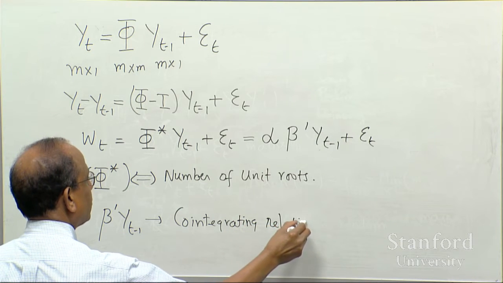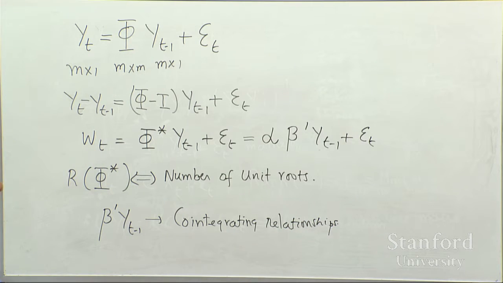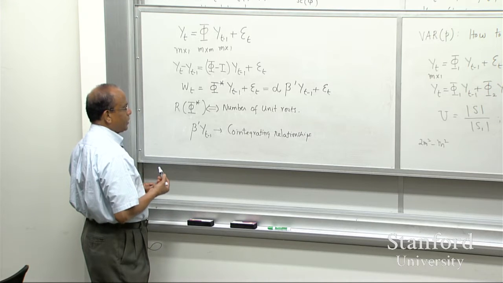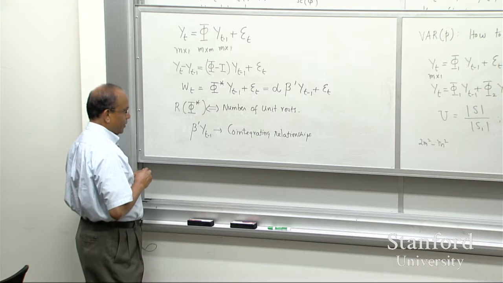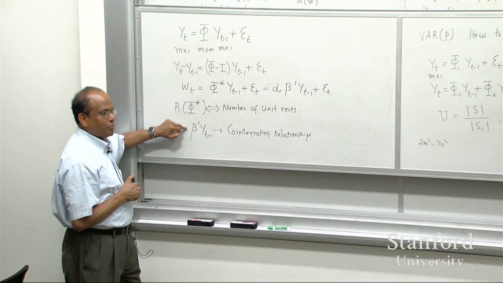Essentially, beta prime yt minus 1 should be a roughly stationary series, and that information comes in very handy if you are connecting multiple financial time series.